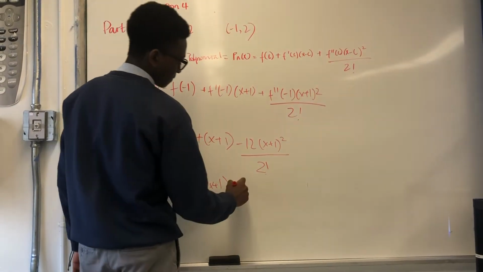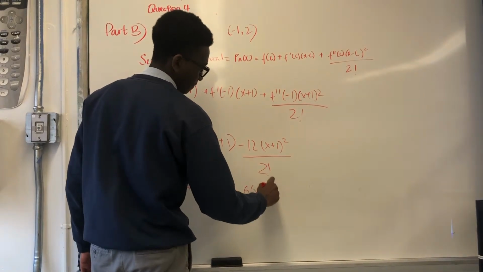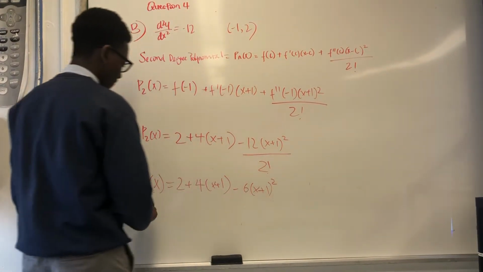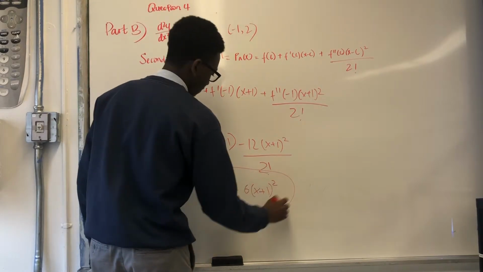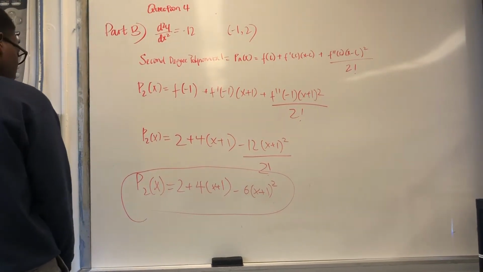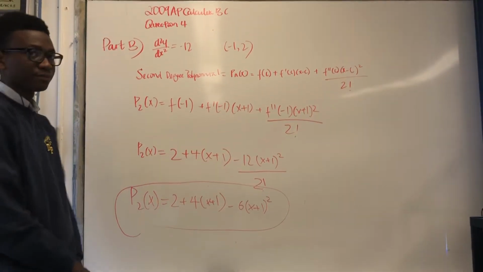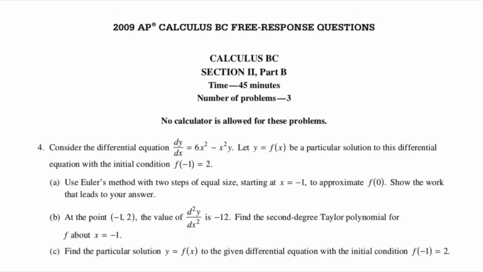And in order to simplify this, we can write this whole thing as 2 plus 4 times x plus 1 minus 6 times x plus 1 squared. And the reason we can write it as negative 6 in this case is because 2 factorial becomes 2 times 1, and 2 times 1 is just 2.